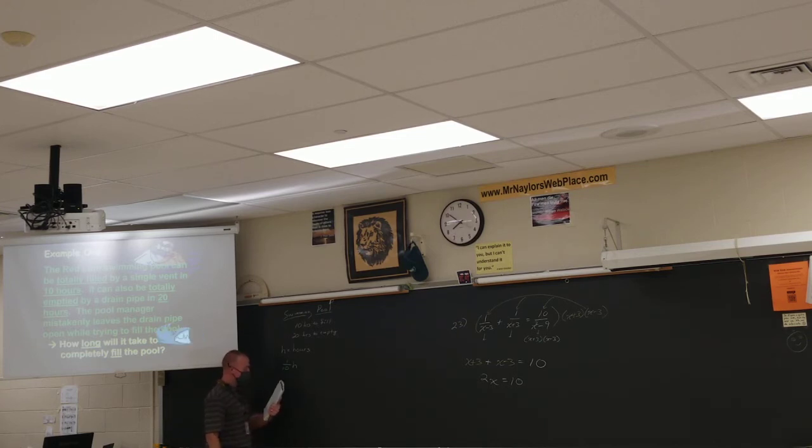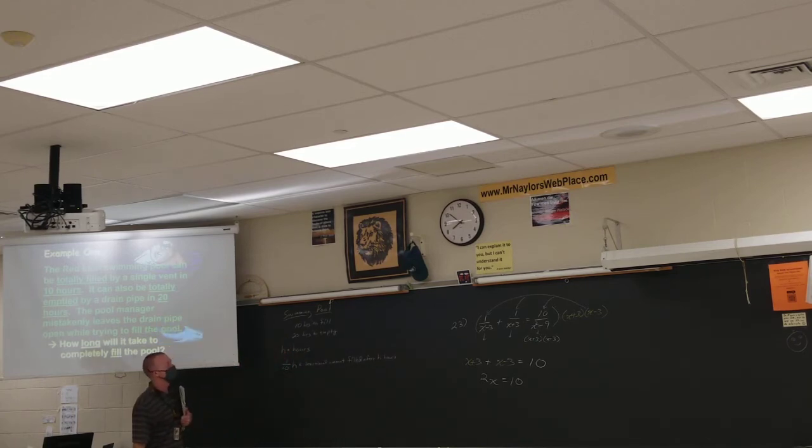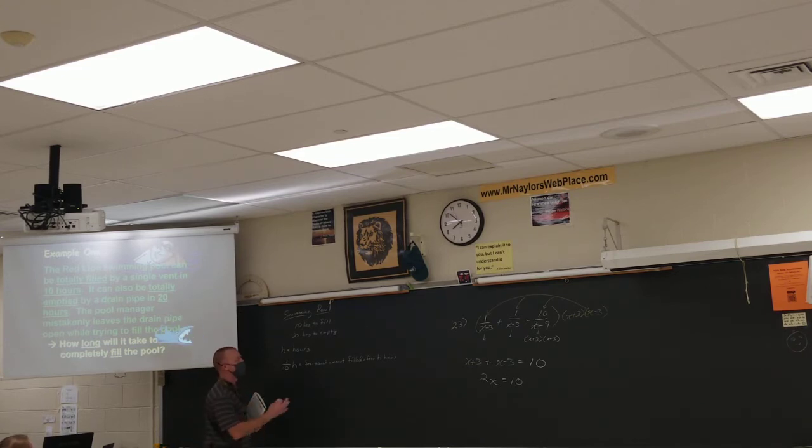In other words, 1/10 of the job will get done every hour, so 1/10 of h is the fractional amount of the pool that's filled after h hours. Because you always will complete 1/10 of that pool every hour.